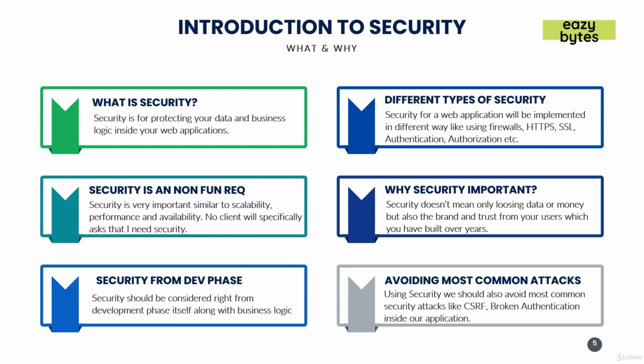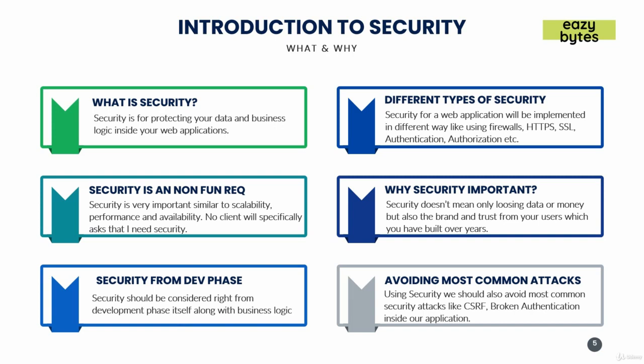While implementing security inside your applications, we should also consider how to avoid the most common attacks like CSRF attacks, broken authentication, and CORS attacks. We should be able to handle all these kinds of attacks inside our application with the help of security. Don't worry, we're going to discuss what these common attacks are, like what CSRF is, what CORS is, and how to protect our application using Spring Security in the coming lectures.